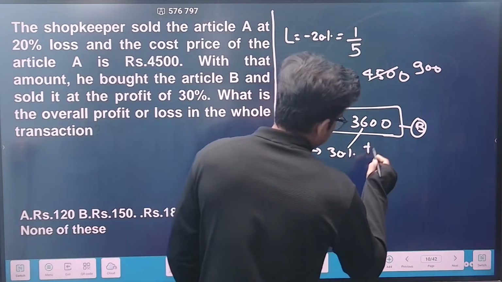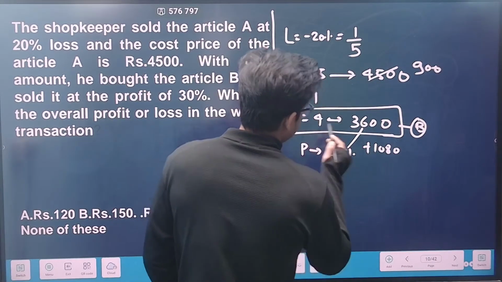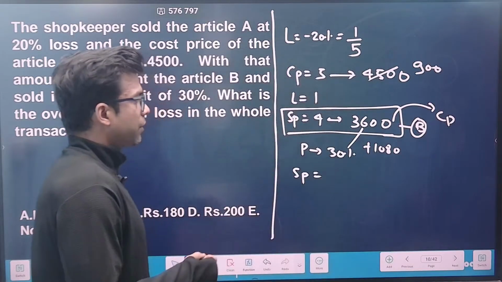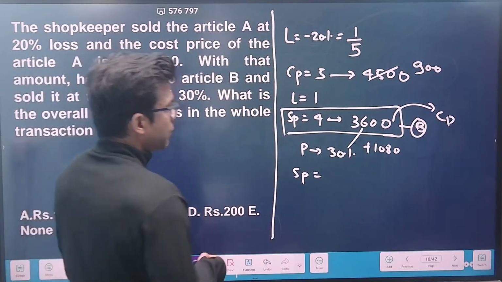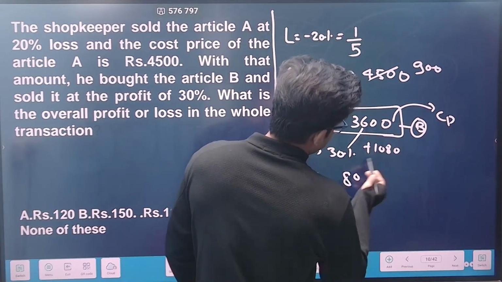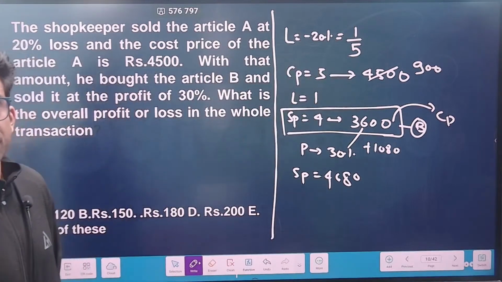So I will be adding 1080 to this, and I'll come to my selling price, which is 4680. Correct?